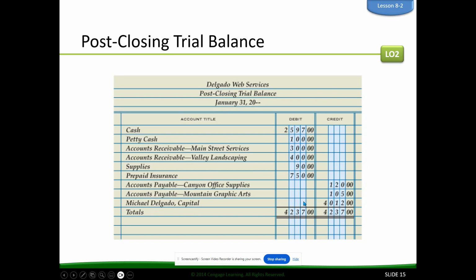So once that post-closing trial balance is correct, and we know that our numbers are good and we've double underlined, now we're ready for February 1st, right? Because this says January 31st. Now, all of those accounts, my assets are good, my liabilities are good, my owner's equities are good, my revenue and expenses are now ready for that next period.